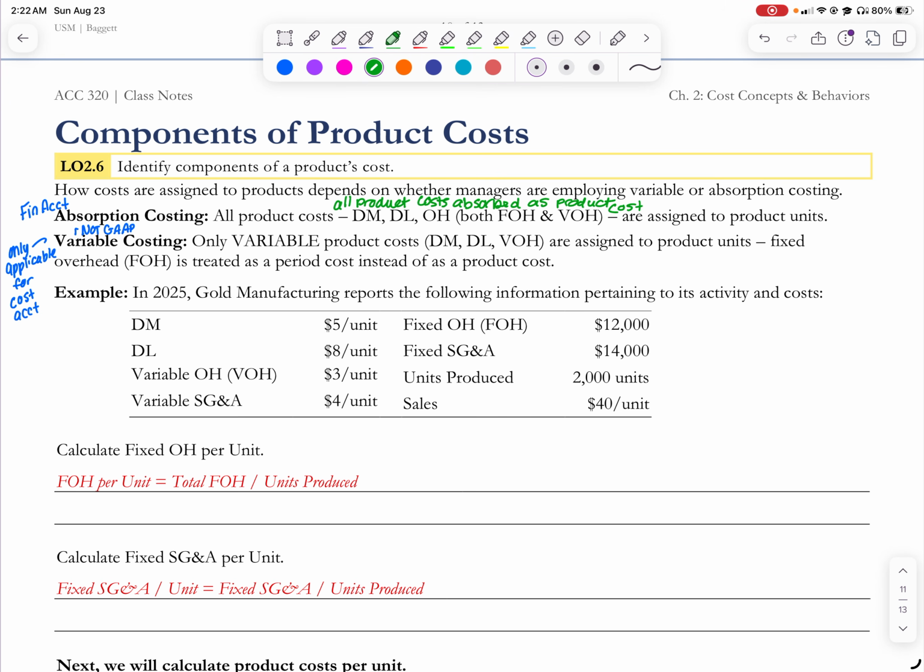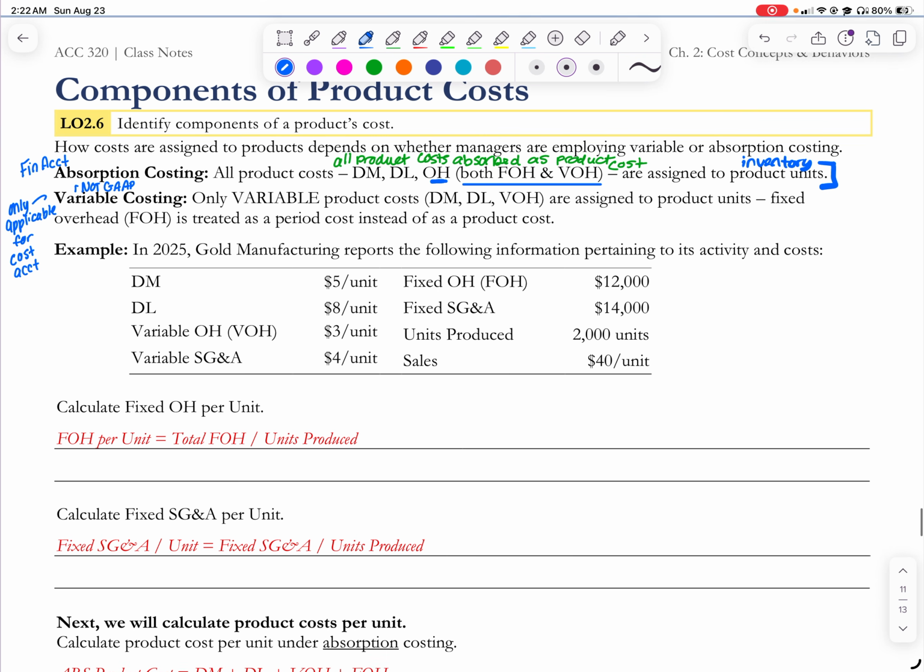So direct material, direct labor, overhead. That includes both fixed and variable overhead. FOH means fixed overhead, VOH, variable overhead. All of them are assigned to product units, or all of them are classified in inventory cost.